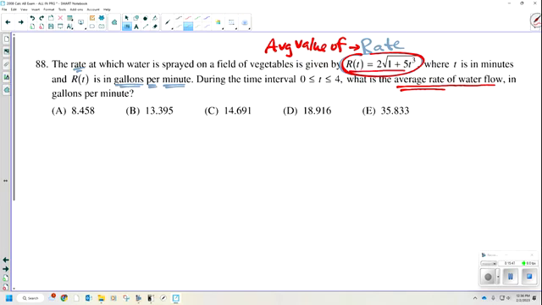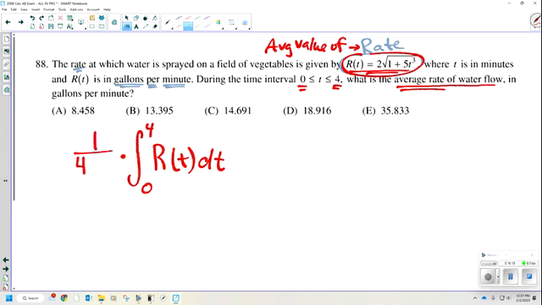Anytime I want to find the average value of something, that means I'm going to integrate my function, in this case the rate, from the bounds they give me. But in order to make it an average value, I always need to multiply that by 1 over the difference in my bounds. And since we have a calculator, we're just going to plug that right in and hit enter.